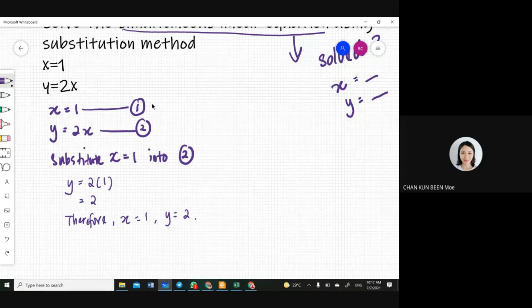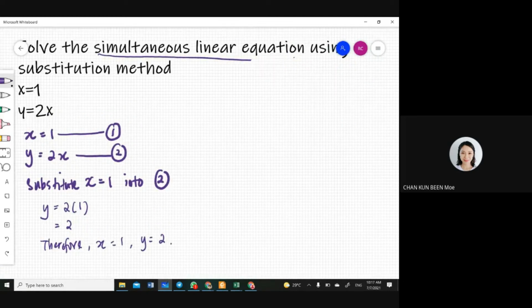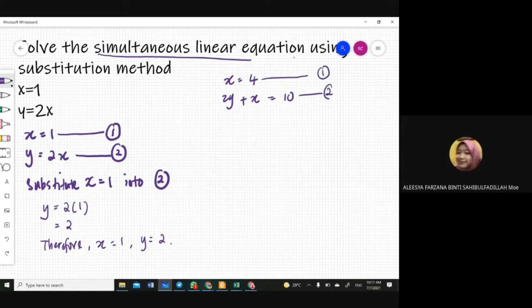Now I'm giving you a second question that is getting a bit more difficult, but still quite easy: x equal to 4, and 2y plus x equal to 10. The first thing is we need to label it as equation 1, equation 2.